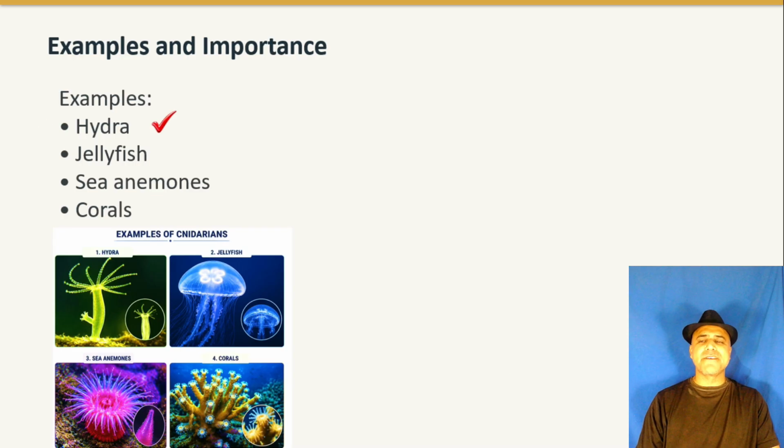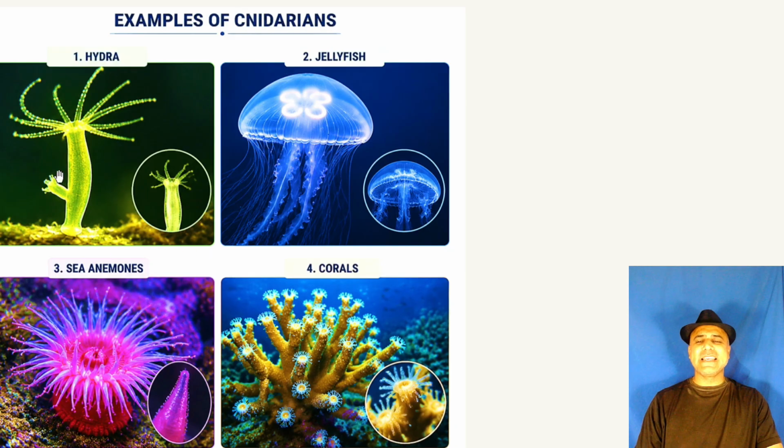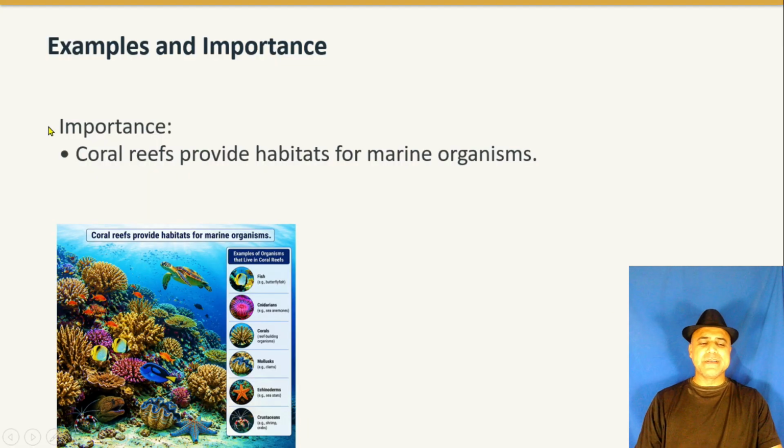Examples are hydra, jellyfish, sea anemone, corals. You can see this is a hydra, and this is a jellyfish, and this is a sea anemone, and this is a coral.